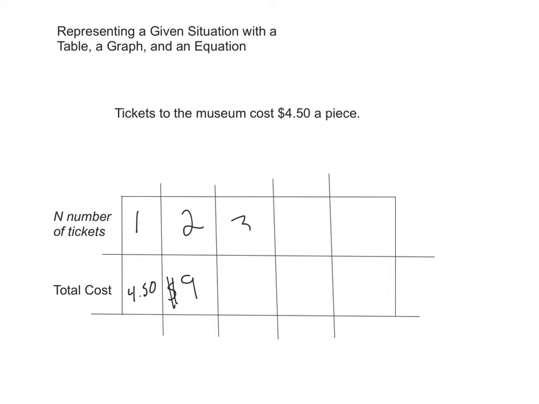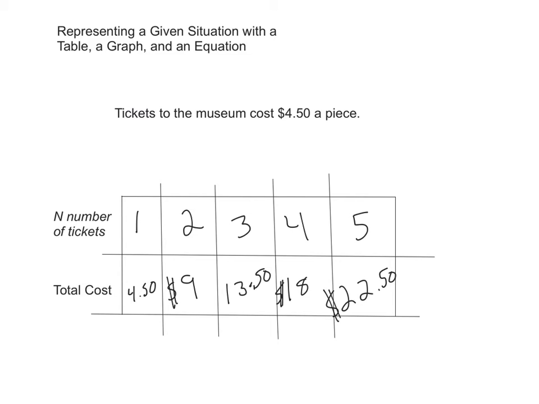If there are 3 tickets, the total cost is $13.50. If there are 4 tickets, the total cost is $18. And if there are 5 tickets, the total cost is $22.50. So there we have a table representing this situation. And that's all they mean by a table, something as simple as that.